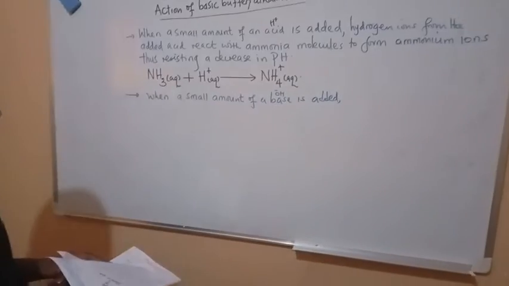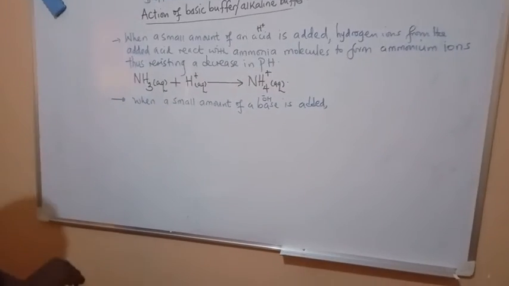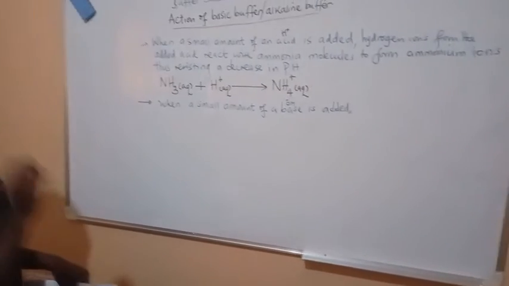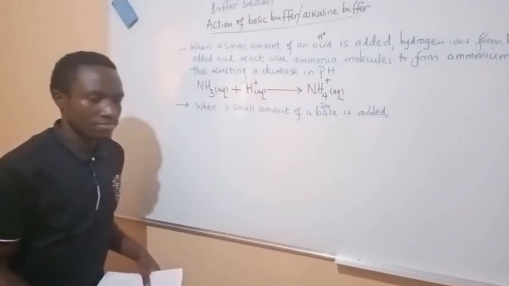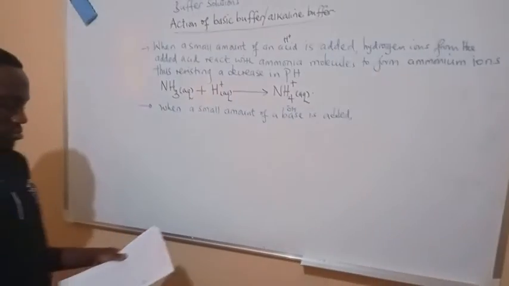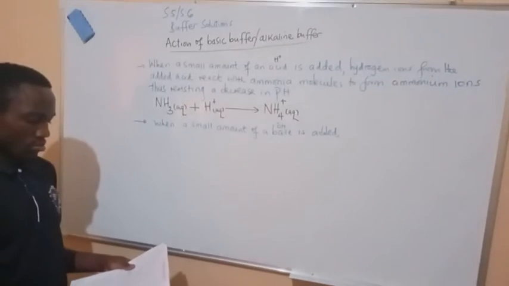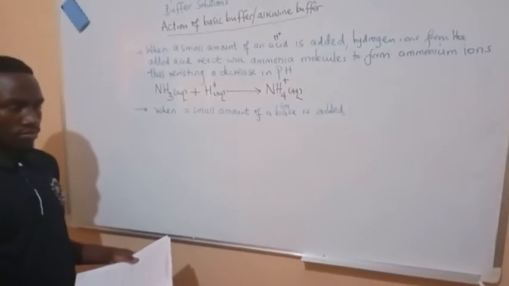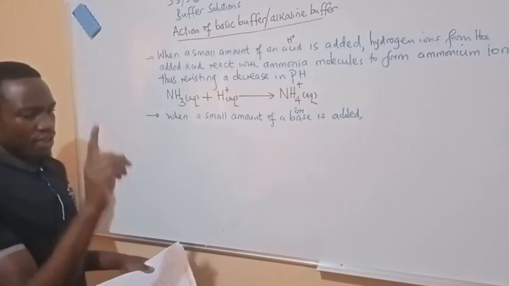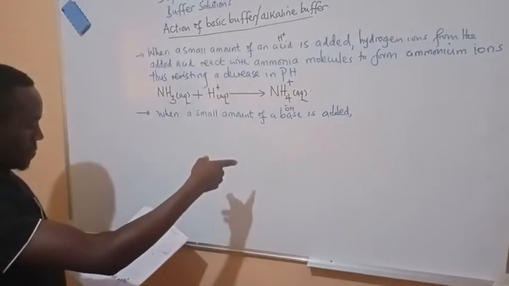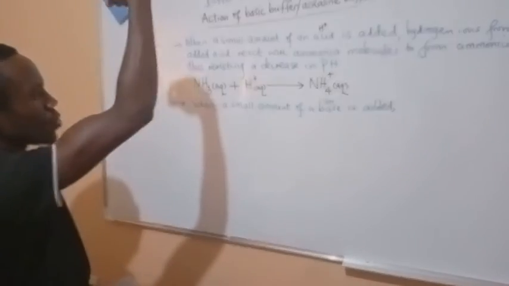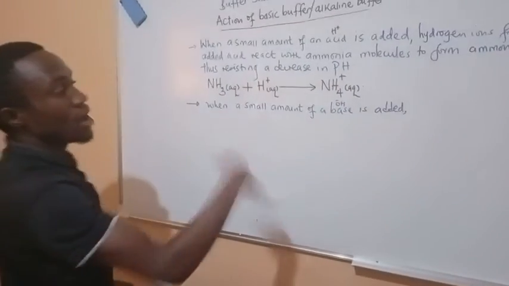Now, I want Okero to tell me, when you add a base, the hydroxide ions, which ions will they react with? Very good. The hydroxide ions will react with the ammonium ions from partial ionization of ammonia solution.